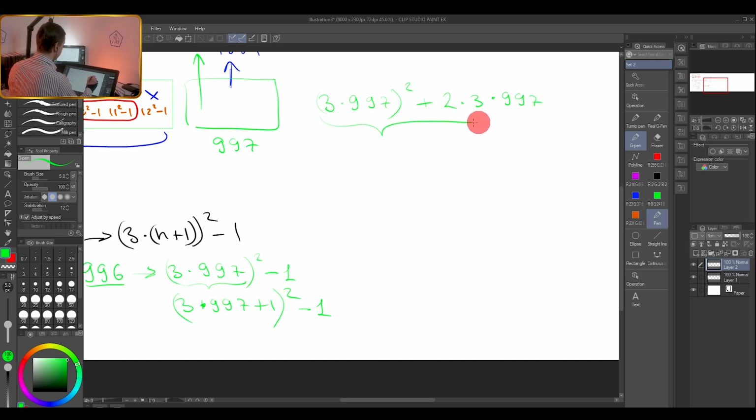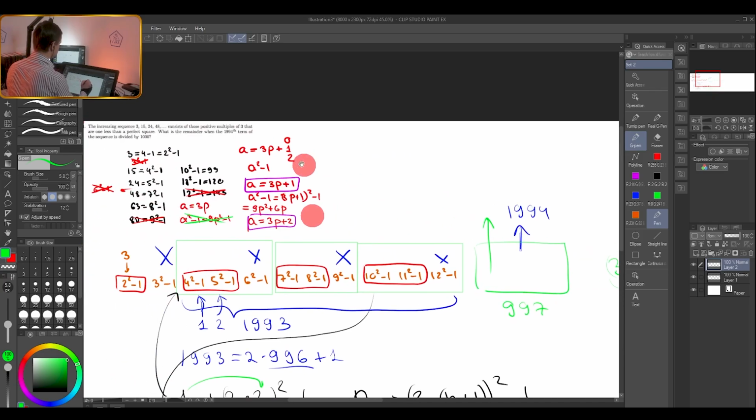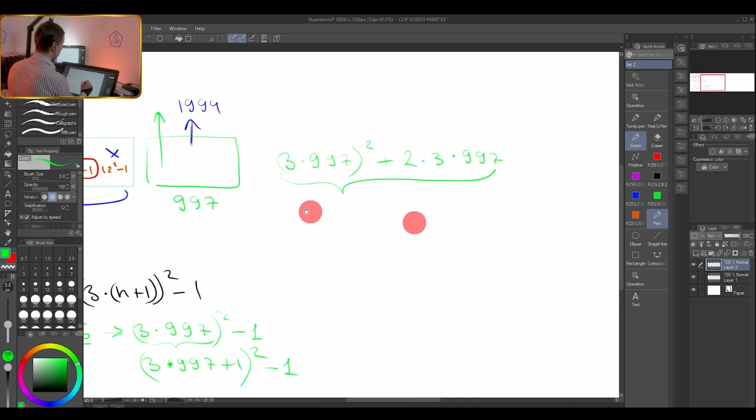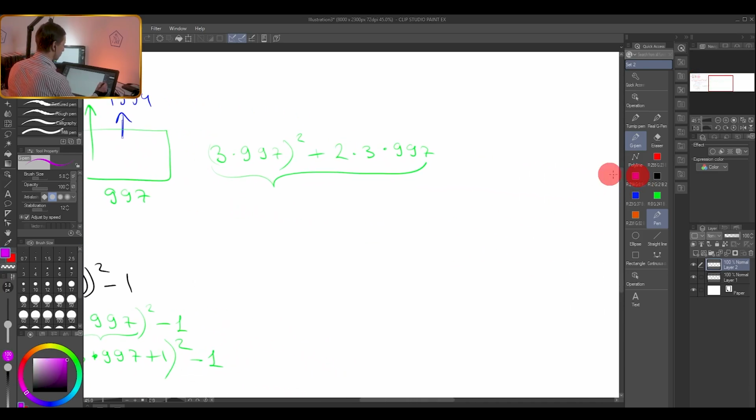And it is just the explicit form of the term of your sequence with the number 1994. So it is the term of your sequence with the number 1994, and after that you need to find the remainder when this number is divided by 1000.